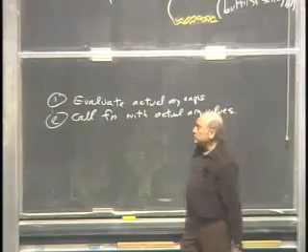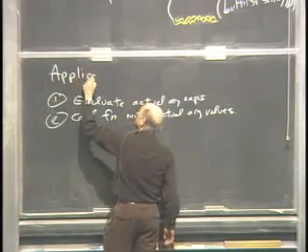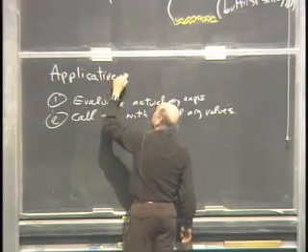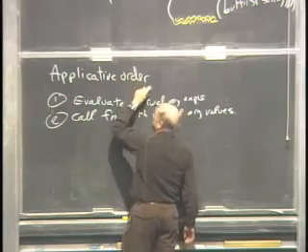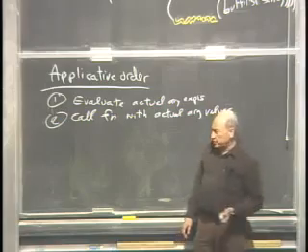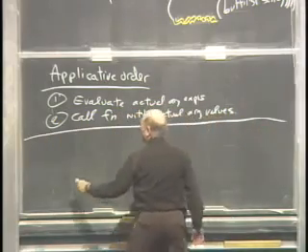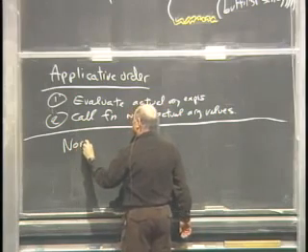There's a name for this. It's called applicative order. And there's another possible way to do things, which is called normal order.